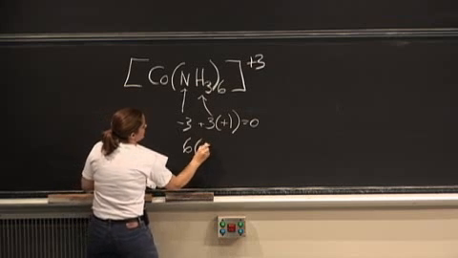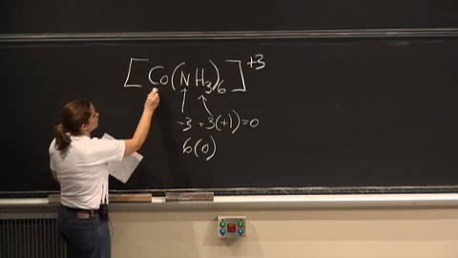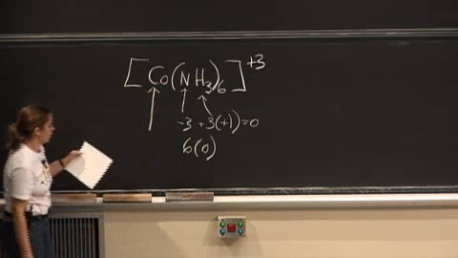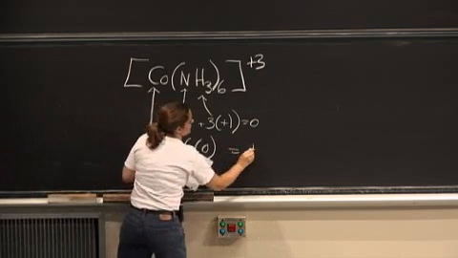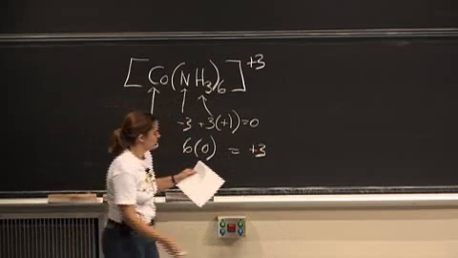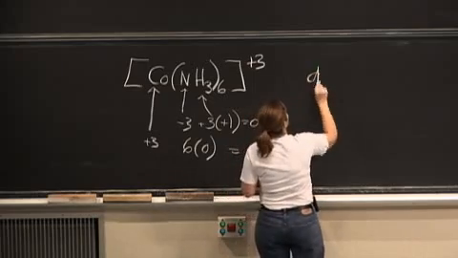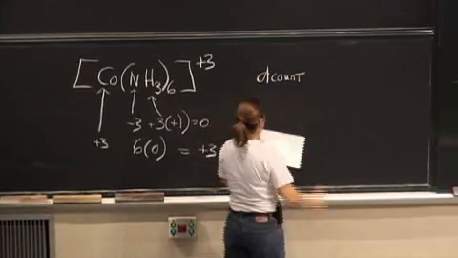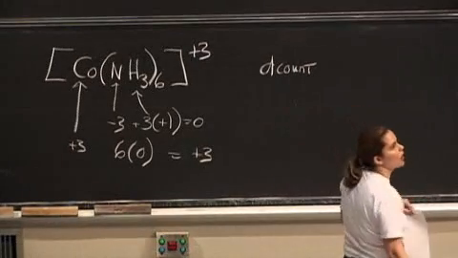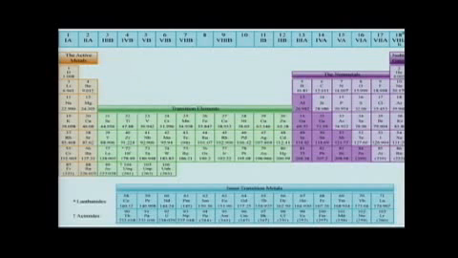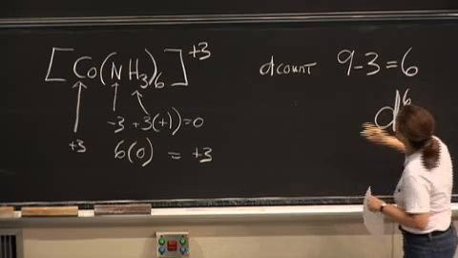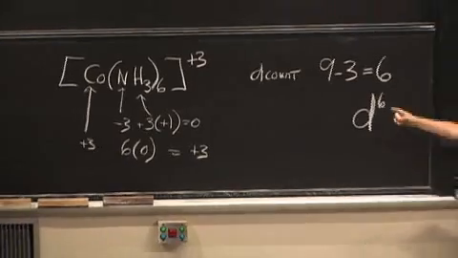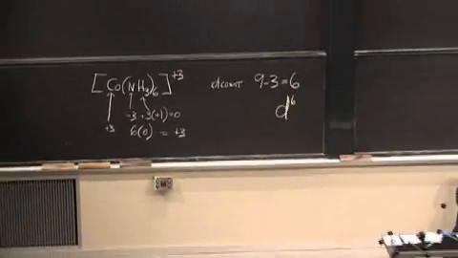So we have 6 things of 0. And what does that leave for our cobalt charge? +3, because overall it has to equal +3. Then our d count for our electrons is going to be the group number. For cobalt, what's the group number? 9. So 9 minus 3 is 6. So this cobalt in this complex is what's called a d6 system.